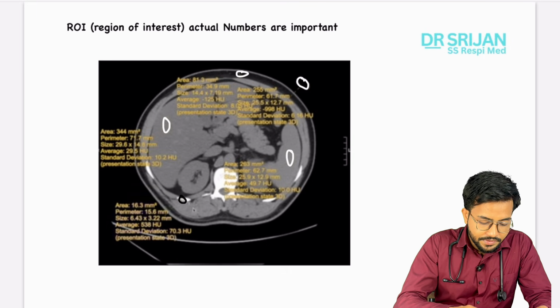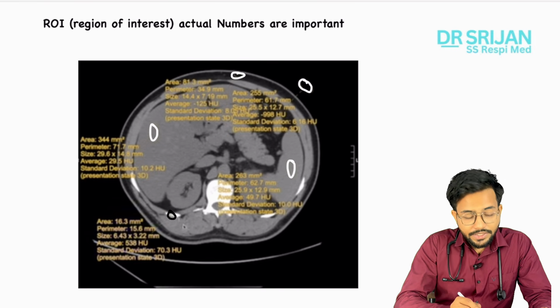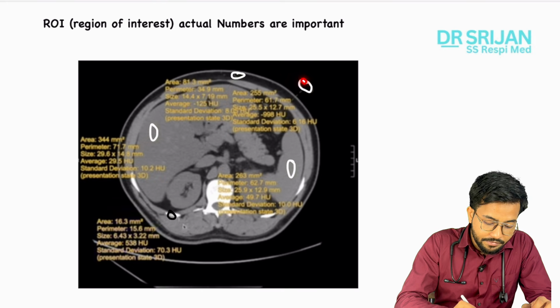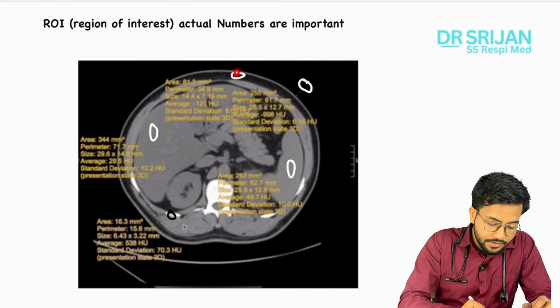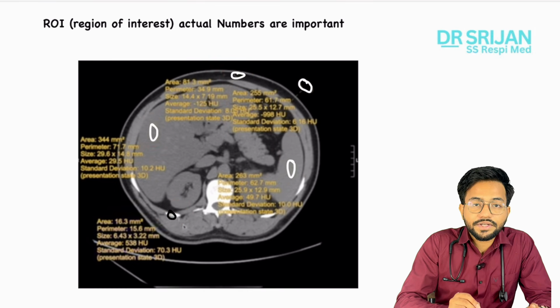Here in this section, I have marked some ROIs. What is an ROI? ROI means region of interest, or in simple words, the area where I want to find the Hounsfield unit. I have marked these five, 1, 2, 3, 4, 5, as my regions of interest.